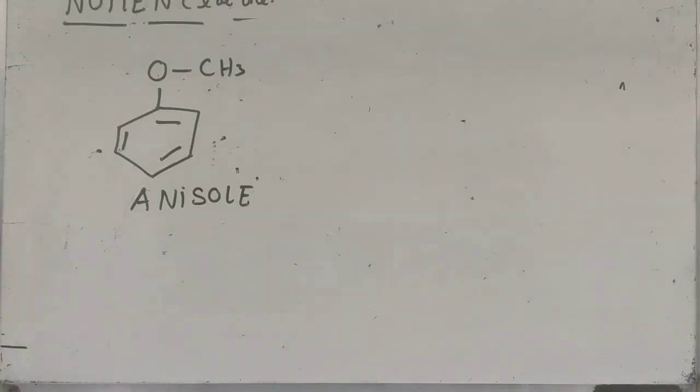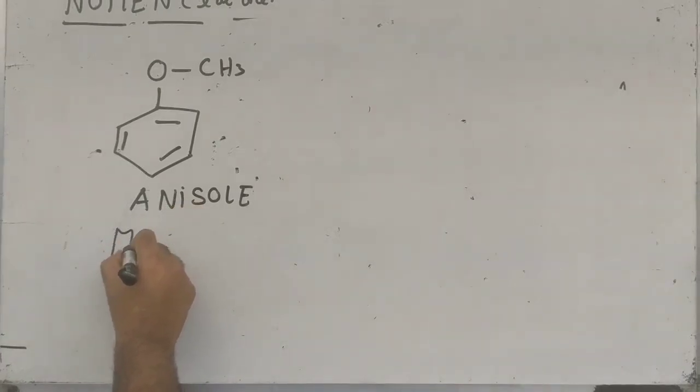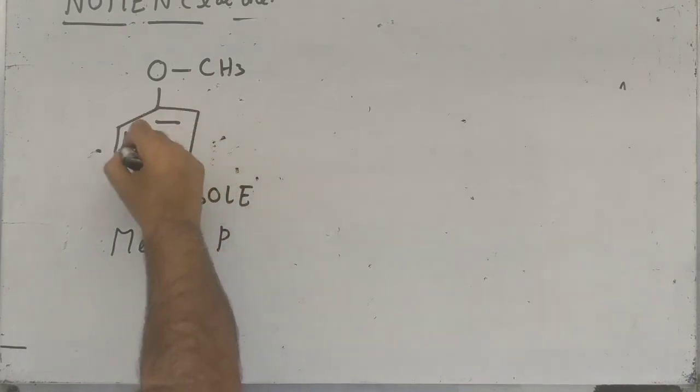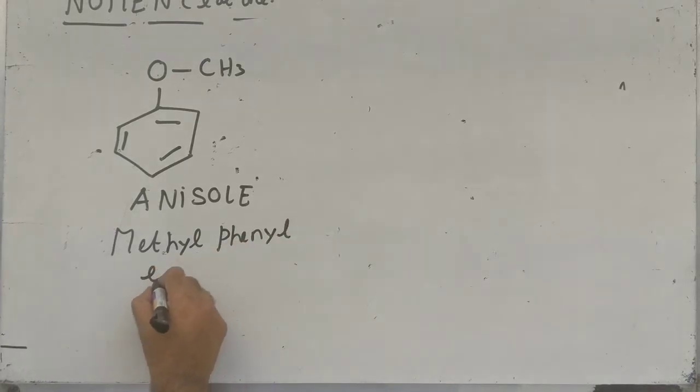So this compound is commonly called anisole. We can also call it methyl phenyl ether. This is a phenyl group. Methyl phenyl ether. That's a common name.